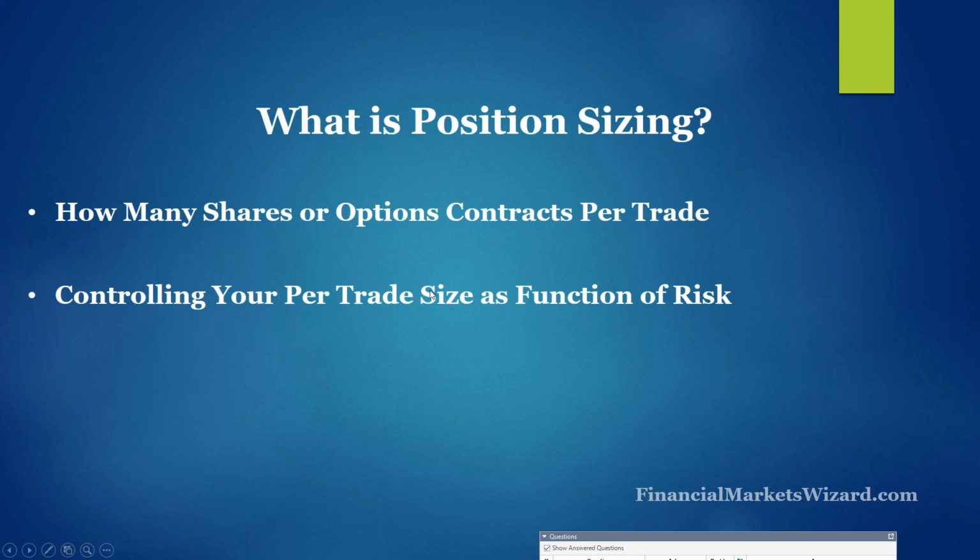And you control your per trade size as a function of risk. In other words, by identifying the risk, you control your trade size. If you understand your risk, then you will understand how much to invest in that trade. Some trades, as we know, have a higher risk, and some trades have a lower risk.